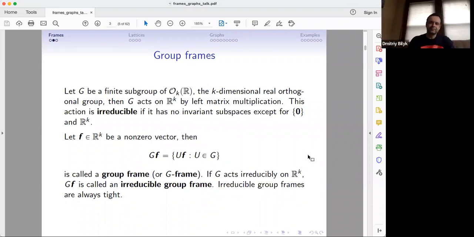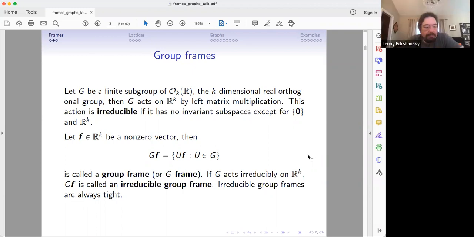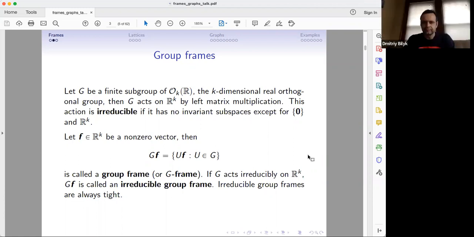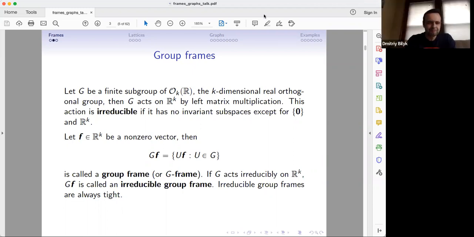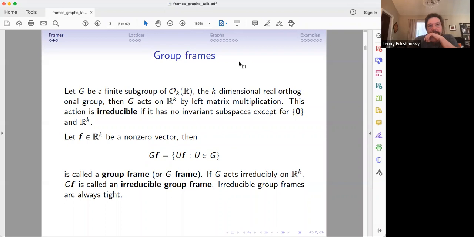But I can tell you, there's the book by the New Zealand guy, Introduction to Tight Frames. Oh yeah, it's in there. Waldron. Okay, yeah, Waldron. That's it. Thank you.